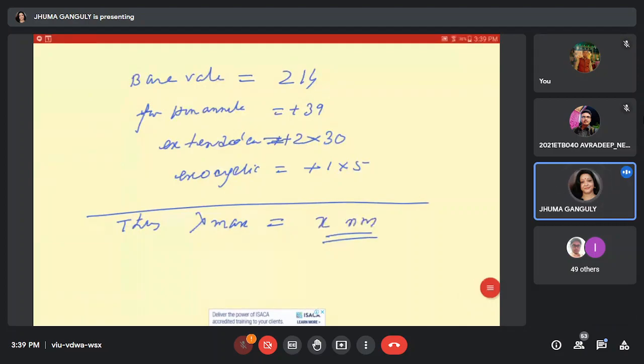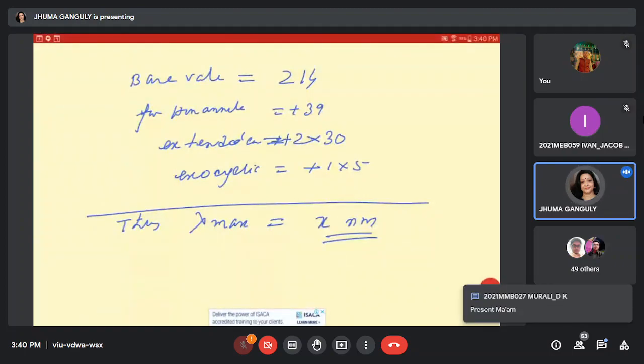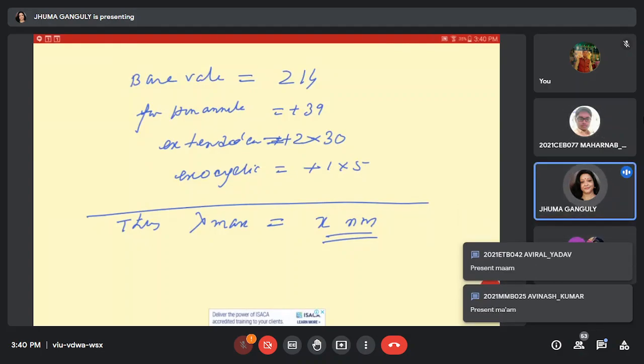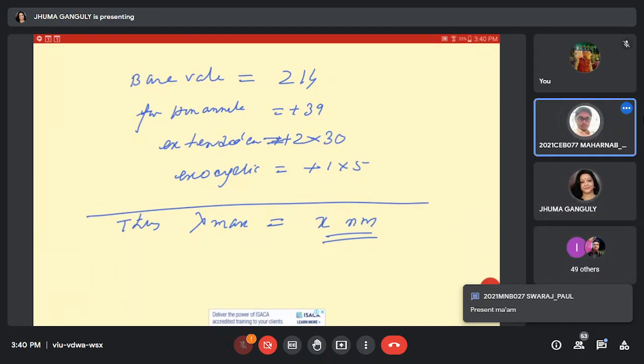If it is like this way, there is extended conjugation. Is it clear? NO2 is an electron-withdrawing group, so it has to be in para.